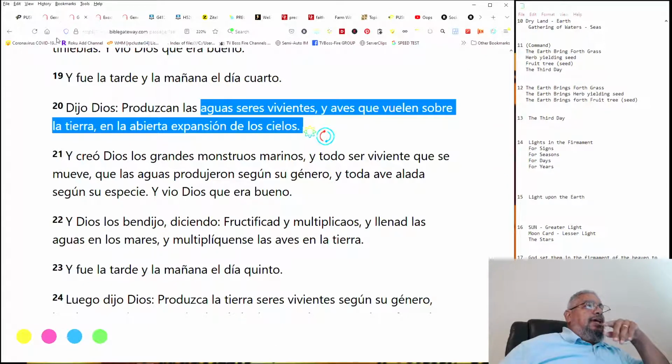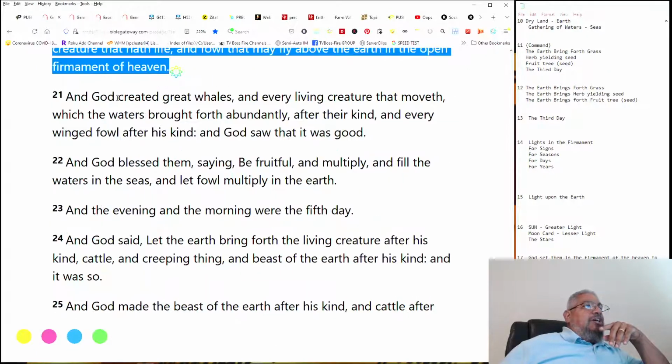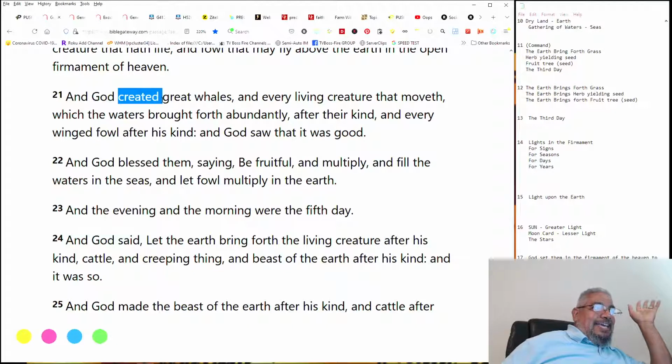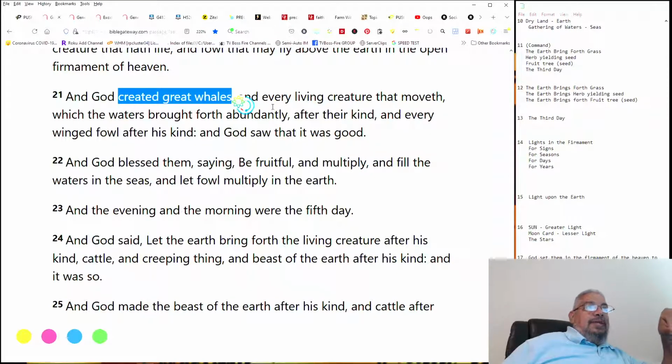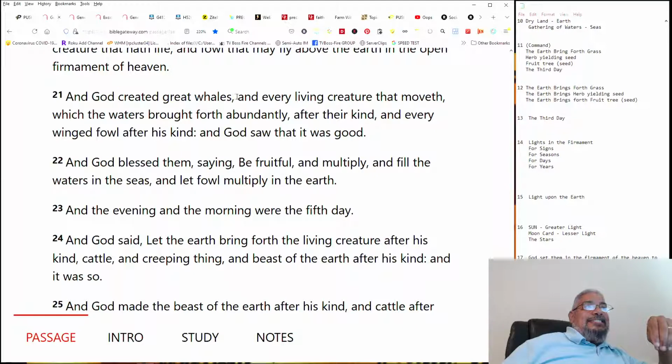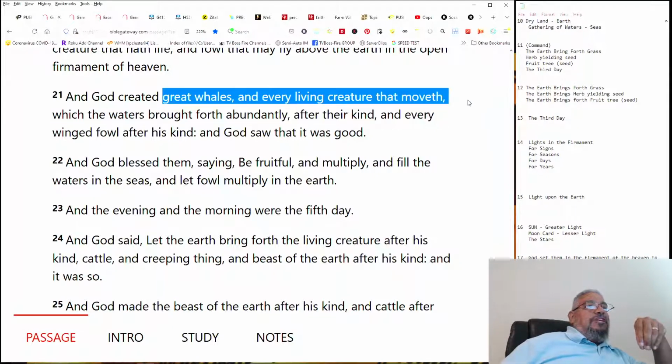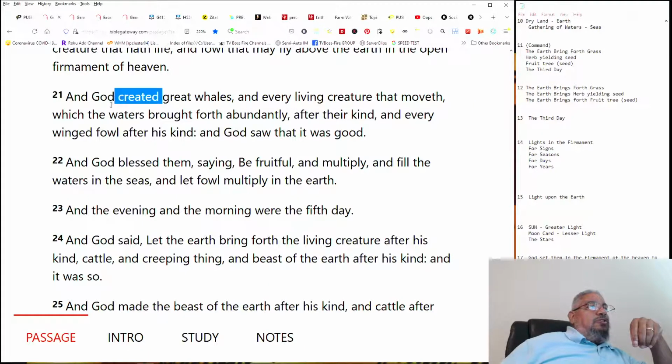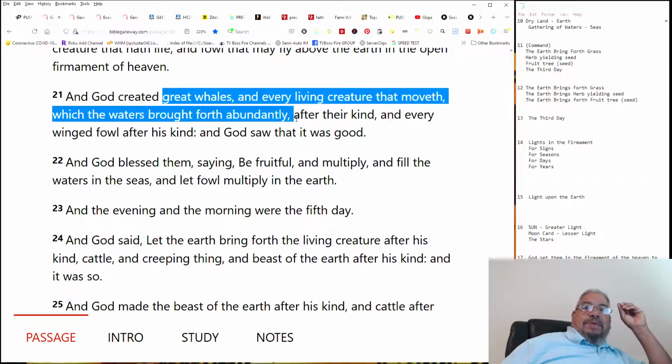Now let's look at verse 21. And God created. Hello. Created. What? Great whales. See? And every living creature that moveth, which the waters brought forth abundantly as well, right?